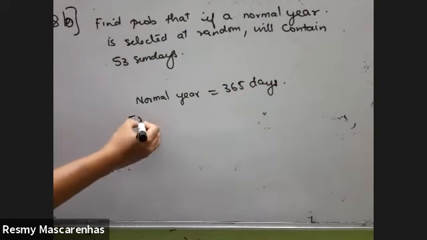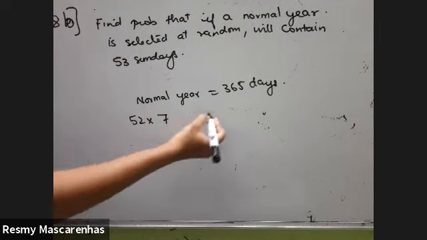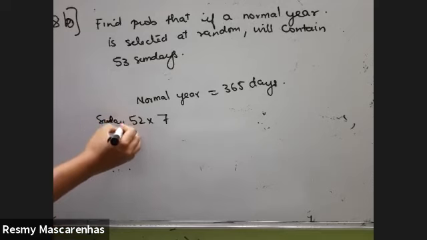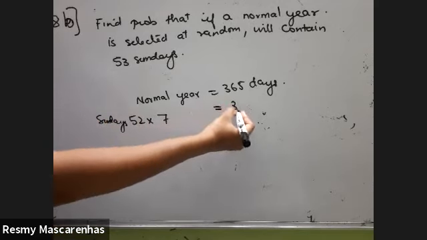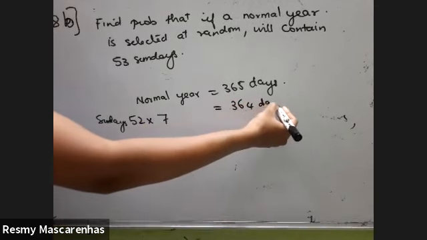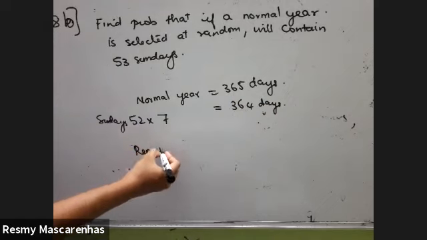And 52 Sundays of a week. So total how many days will become? This is compulsory. So that will be 364, which I have already calculated. So the remaining days will be how much? The last day of the year.